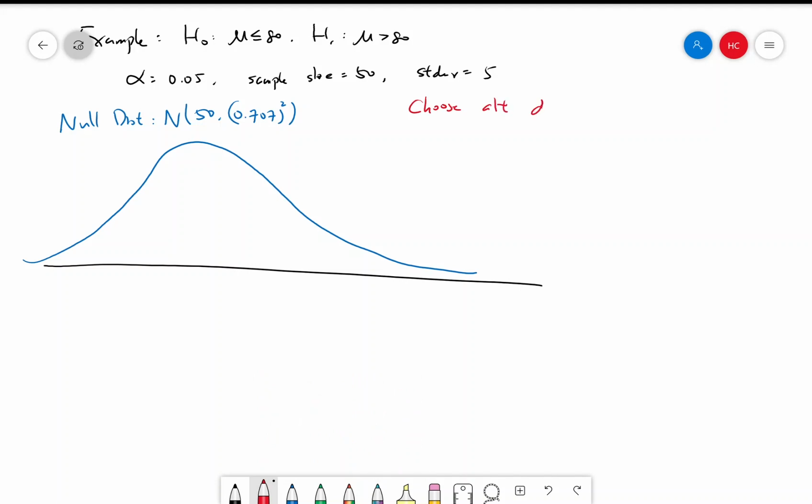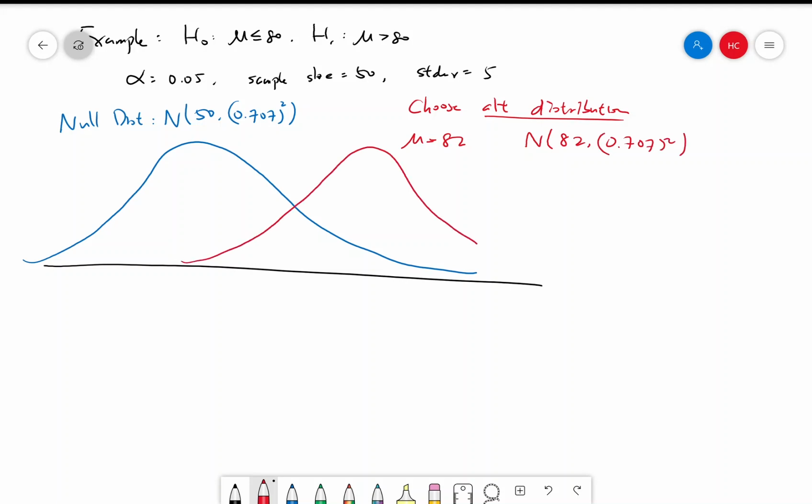But in this case, let's choose the alternate distribution to be mu equal to 82. In the previous example, we chose 81. So now let's try 82 instead of 81 and see what happens. So the alternate distribution is a normal distribution with mean 82 and the same standard deviation. Now the alternate distribution is a little further away. This is 80 and this is 82.